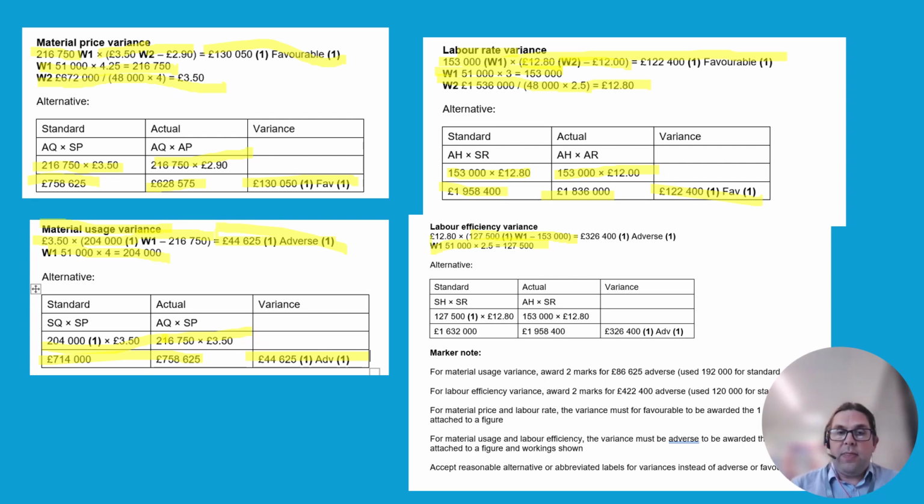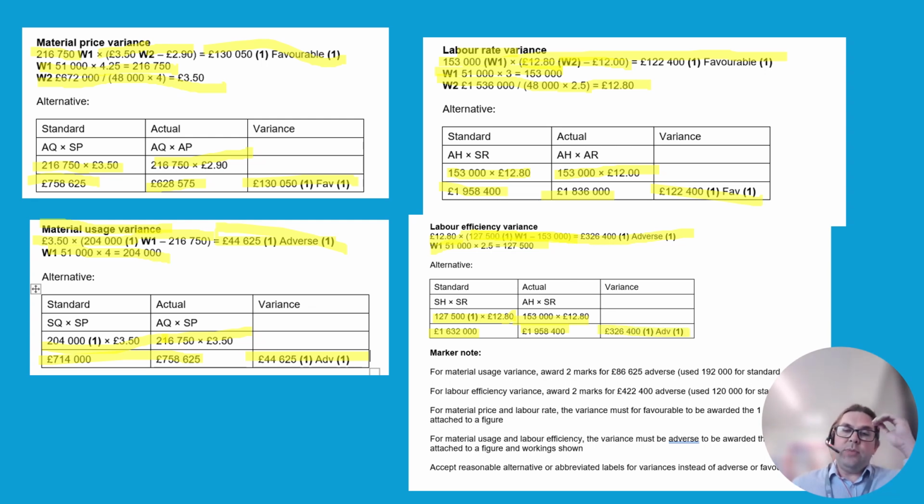We multiply that by the 12.80, and we get 326,400 adverse. Other way, like we did in the material, we should have paid 127,500 hours times 12.80, which is 1,632,000, but we did 153,000 at 12.80 again at the budget rate, 1,958,400. So we still get to 326,400.